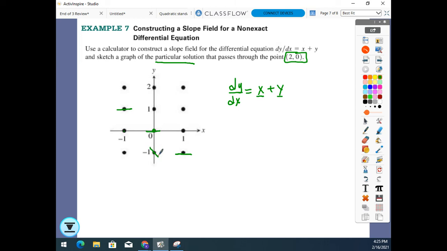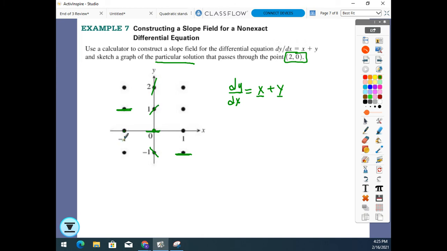So we have a negative slope, and usually I use my points to help guide me. Consider this point, (1, 0): it has a +1 slope because we're taking 1 plus 0. (0, 2) has a steeper slope, but it's still positive. Typically on your slope fields, I look for the 0 slopes, the positive slopes being positive and the negative slopes being negative.